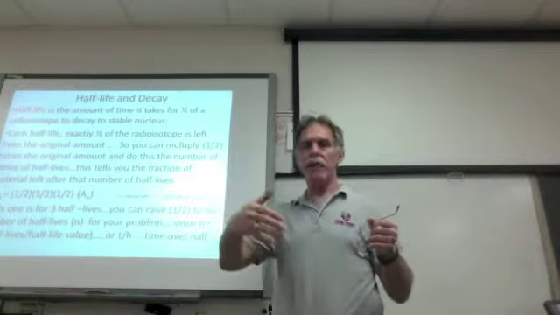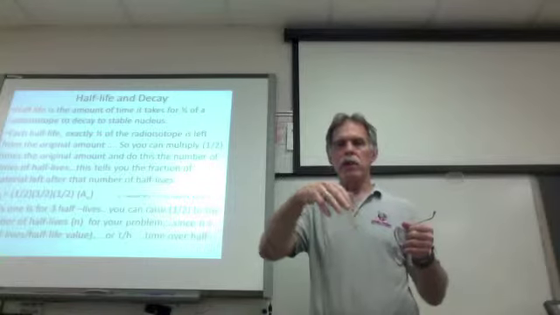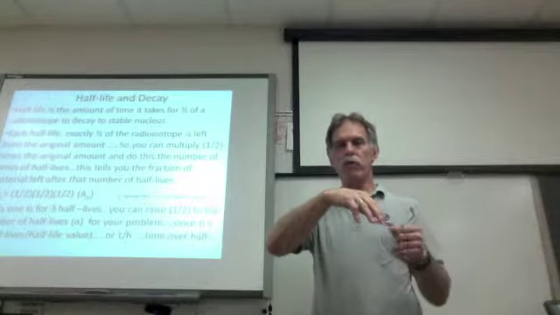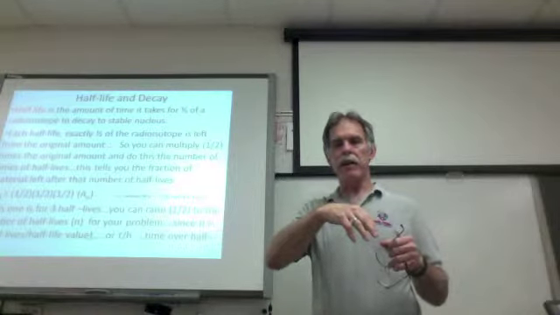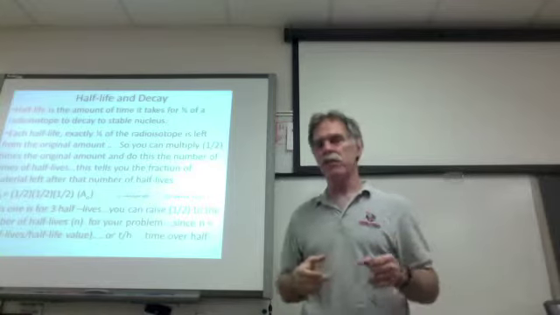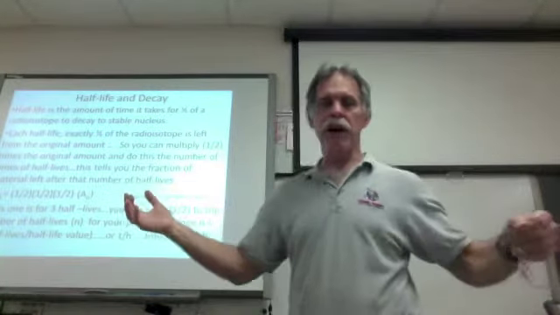Well, 10 to 5 is 1 half-life. 5 to 2.5 is 2. 2.5 to 1.25 is 3, and then we've got 1.25 to 0.625 is 4. Let's say that we started at 10 and it said 0.625 in the problem.